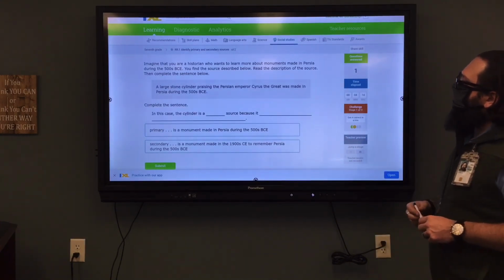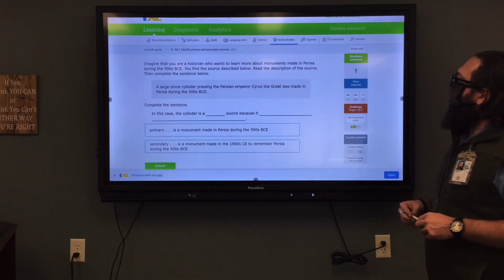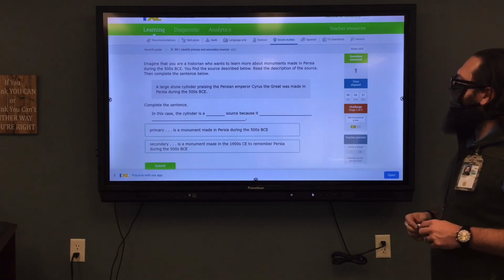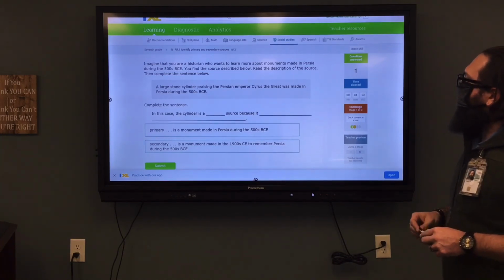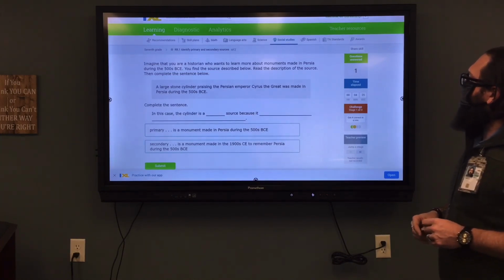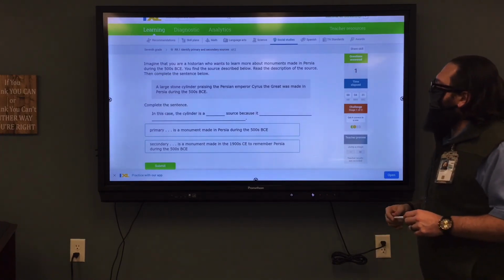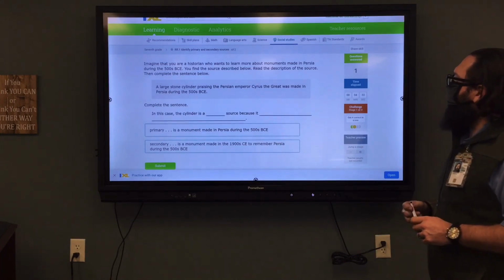So imagine that you are a historian who wants to learn more about monuments made in Persia during the 500s BCE. You find the source described below. Read the description of the source, then complete the sentence below. A large stone cylinder praising the Persian Emperor Cyrus the Great was made in Persia during the 500s BCE.